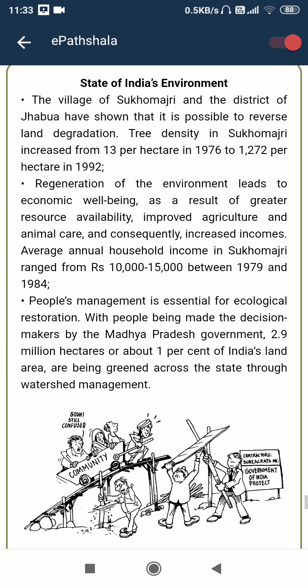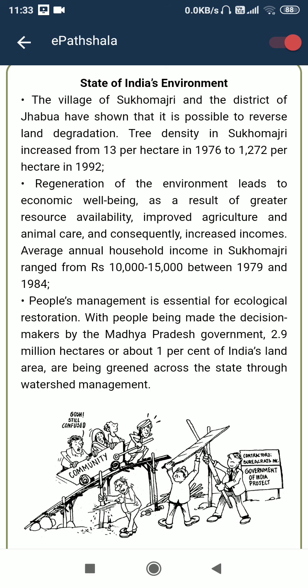State of India's environment. The village of Sukhomajri in the district of Jhabua has shown that it is possible to reverse land degradation. Tree density in Sukhomajri increased from 13 per hectare in 1976 to 1272 per hectare in 1992.